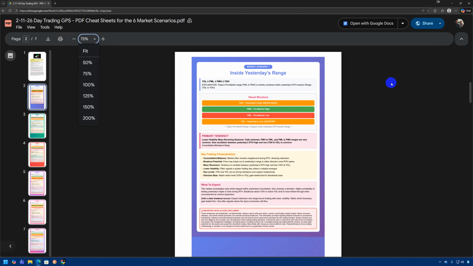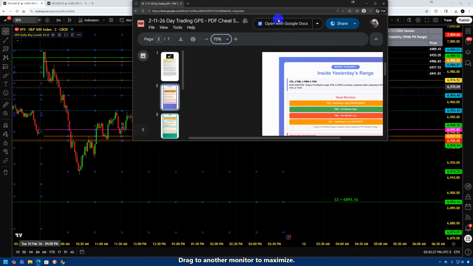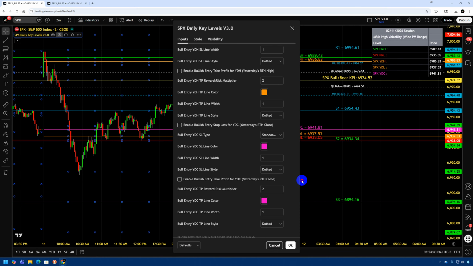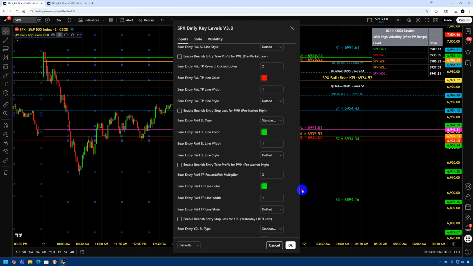The idea here is that you can download these, you can print them out, you can become very familiar with them, and you can have them as an easy reference on a separate screen if you have a multiple monitor setup. It might be easier for you to read and follow versus the on-screen chart one, which, as we know, we now have on chart because not everyone has two screens.